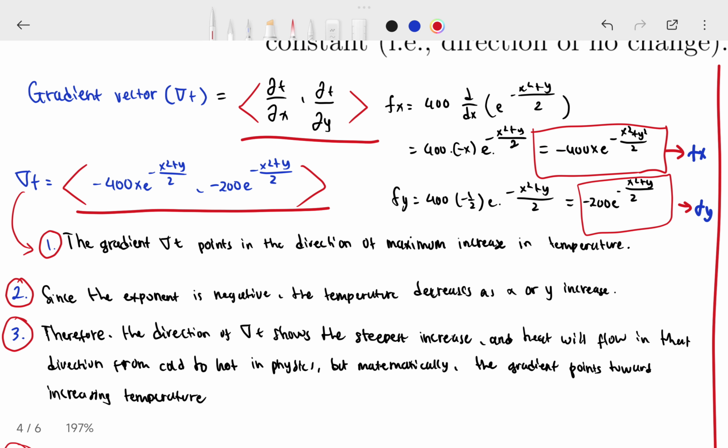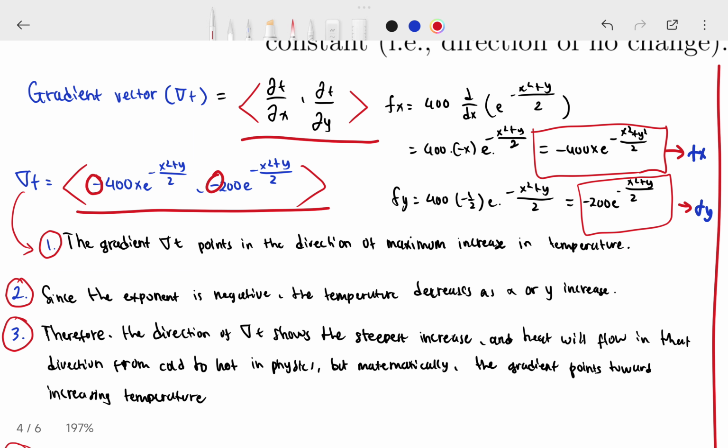We can just see the conclusion based on this vector. The first conclusion is the gradient of T points in the direction of maximum increase in temperature. Why is it? Since the exponent is negative, the temperature decreases as x or y increases.